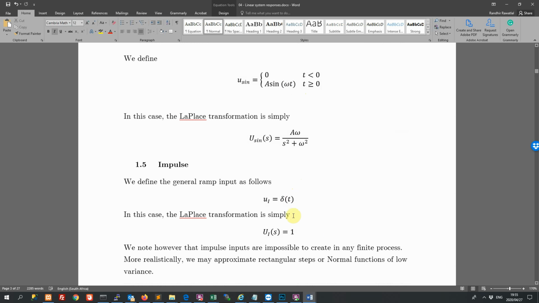So generally speaking, we are applying some time function for our inputs to the system, our manipulated variable, the stream or the action that we are taking. We are exerting some action over time, and we can find the S domain analog to that function. So that's our U function.